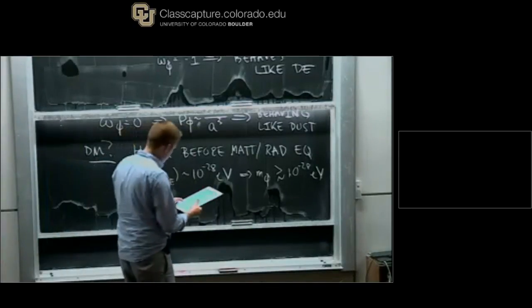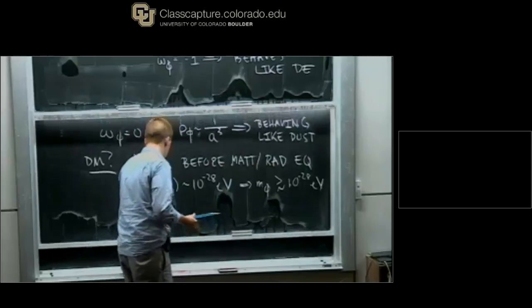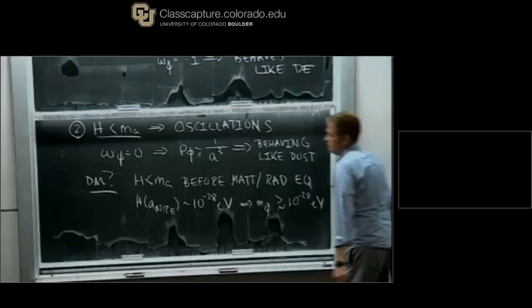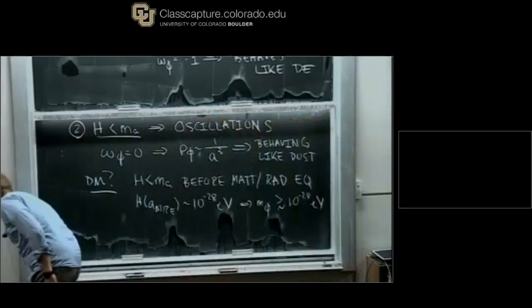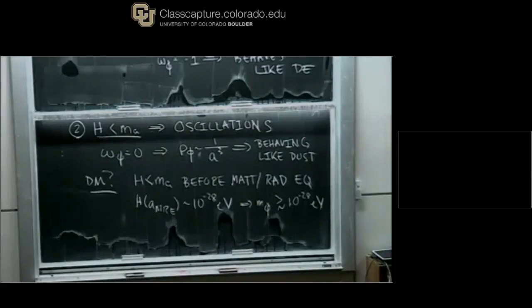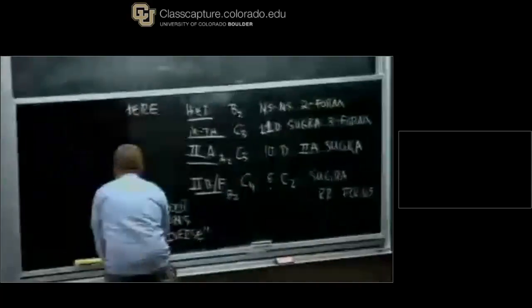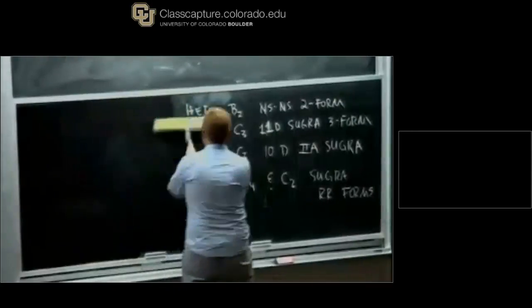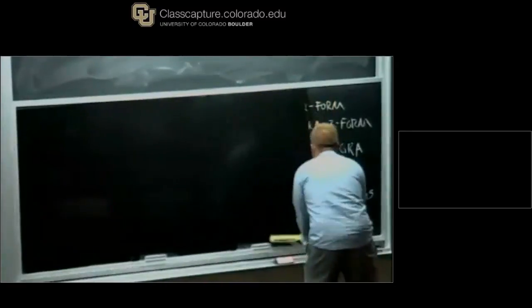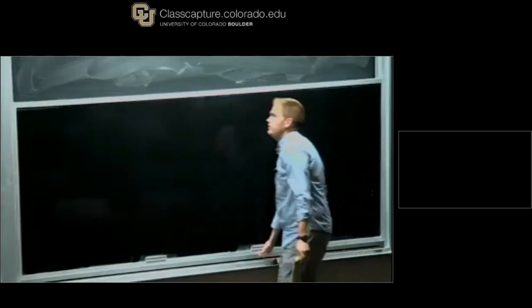OK, so that can't be the end of the story. You have to ask, what is happening that you get some non-trivial energy density at late times in the axion that could let it be the dark matter, and even at intermediate times?